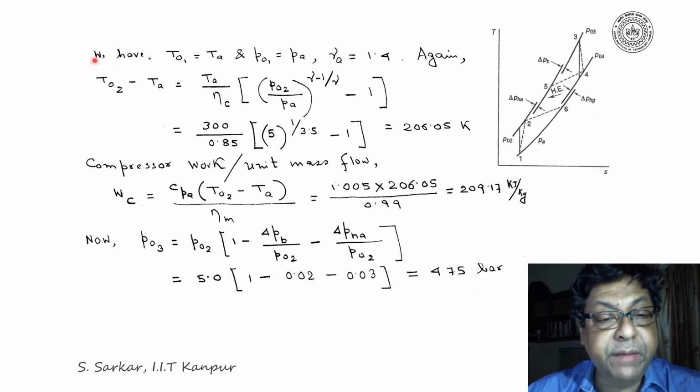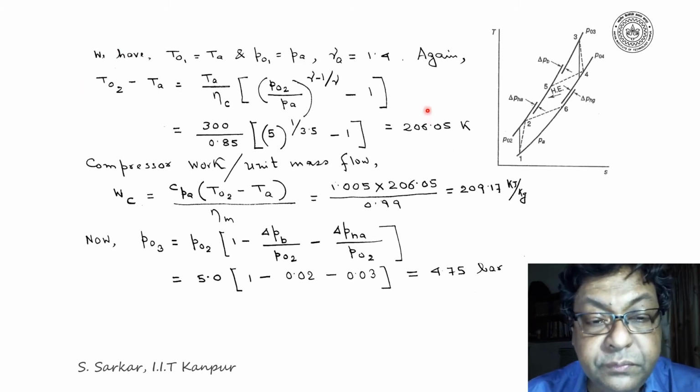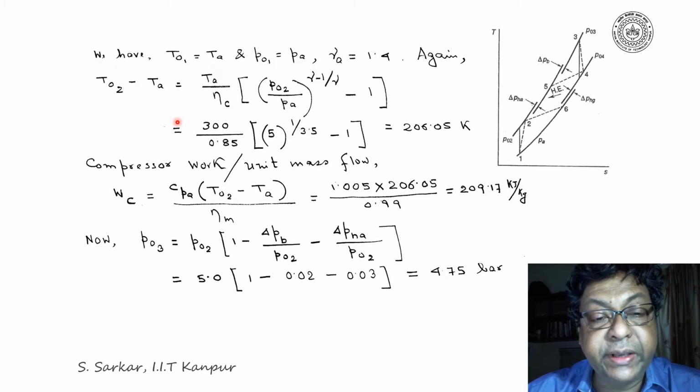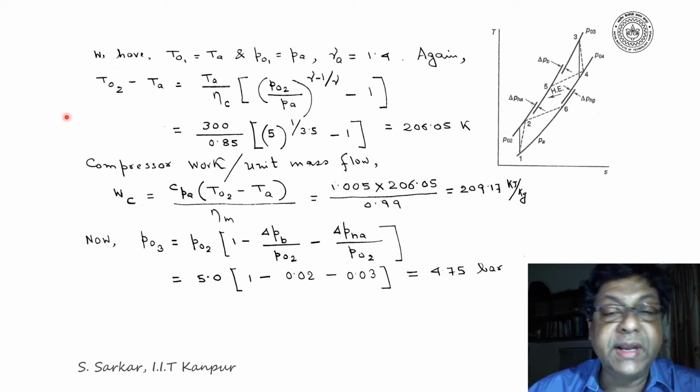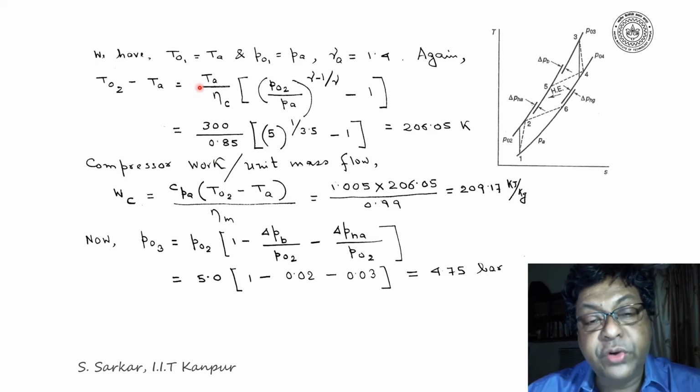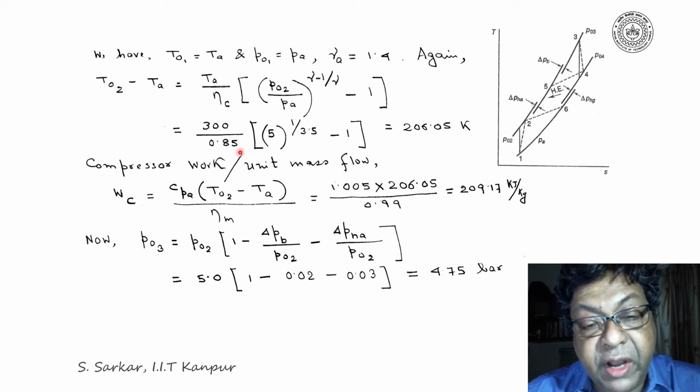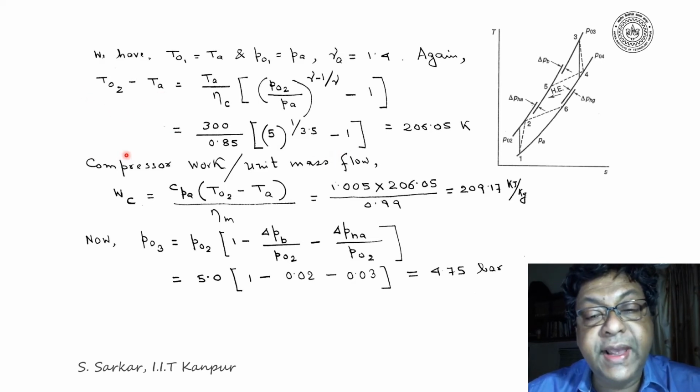This relation I have already proved. Now here TA is 300, eta C is 0.85, the pressure ratio is 5 and gamma is 1.4. If I substitute all the values, then T02 minus TA would be equal to 206.05.